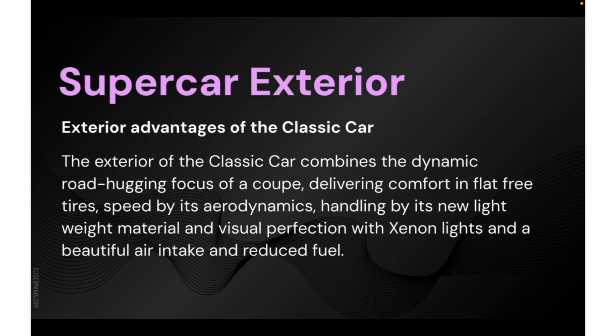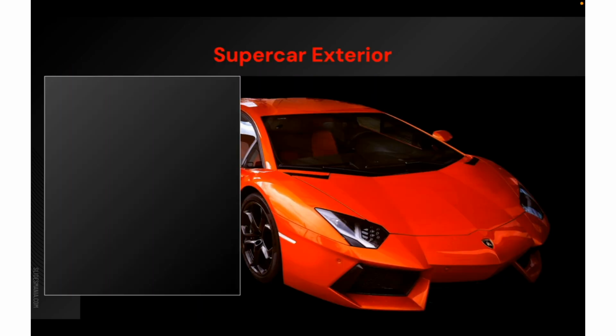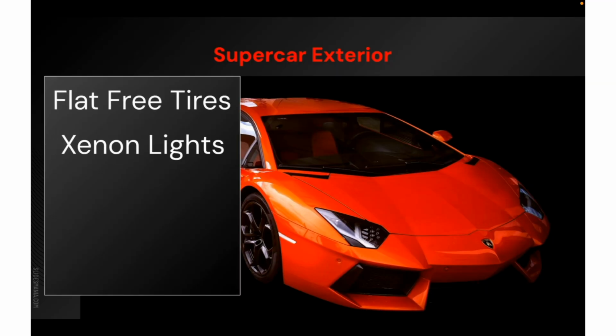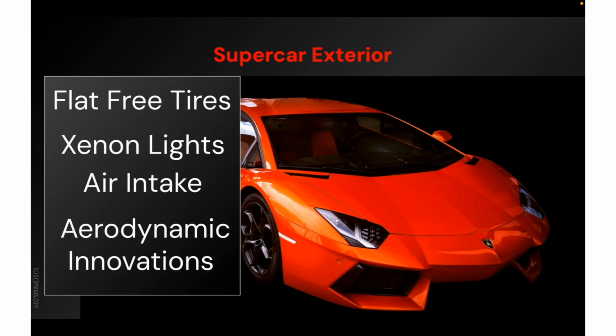So let's compare to how we started off. This is how we started off, and this is where we're at now. Lots more engagement will happen with a presentation like this. Now remember, in the speaking part, I can cover all the details I want. This slide, though, is simpler and more engaging. For example, I might say the flat free tires allow for a more comfortable ride.